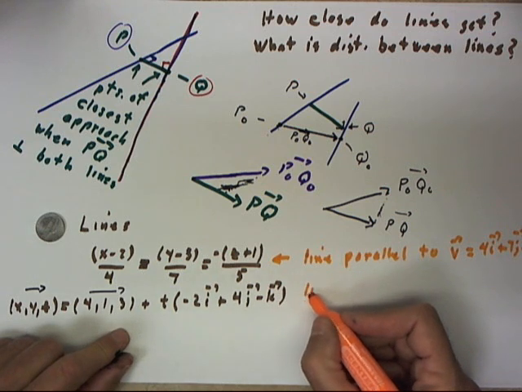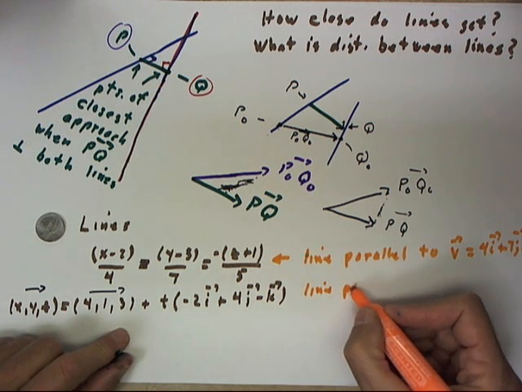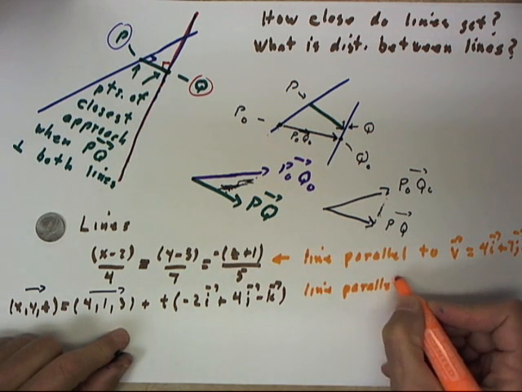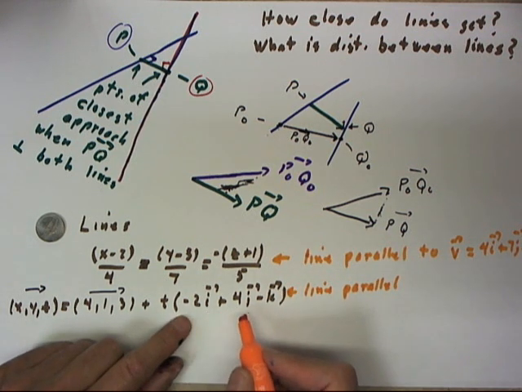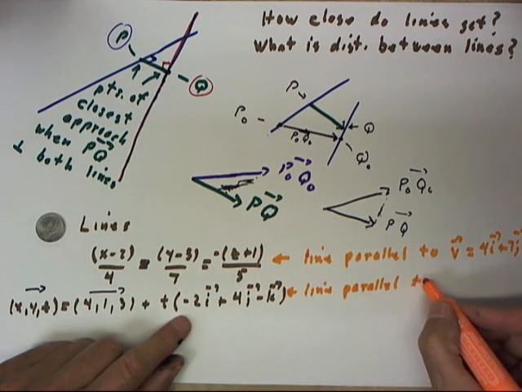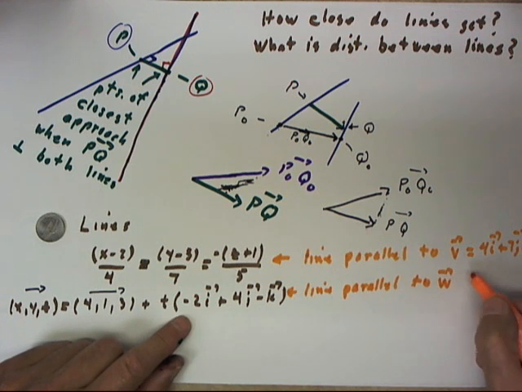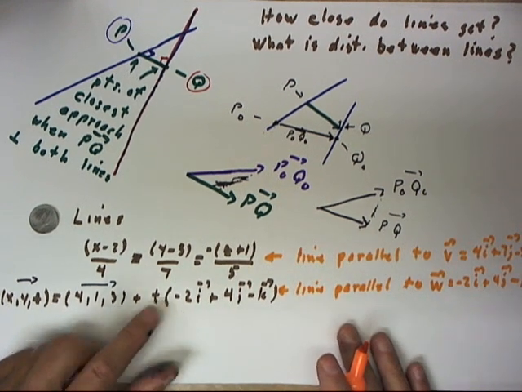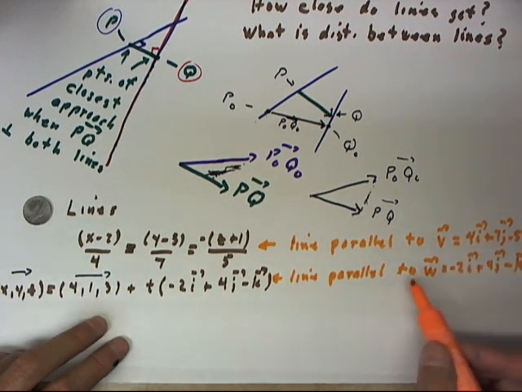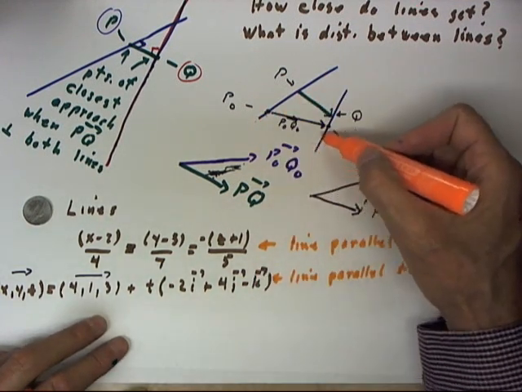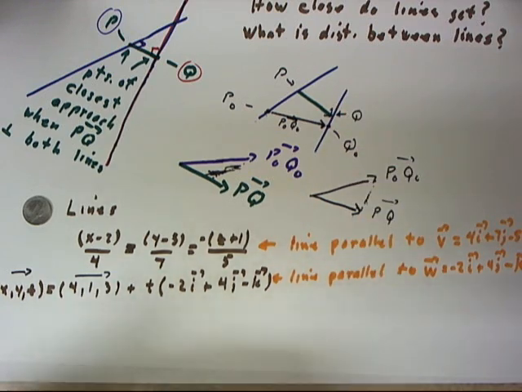And this line is parallel to the vector that we can just see right here. We'll call that vector w equals negative 2i plus 4j minus k. So we have two vectors, one parallel to this line, one parallel to this line.